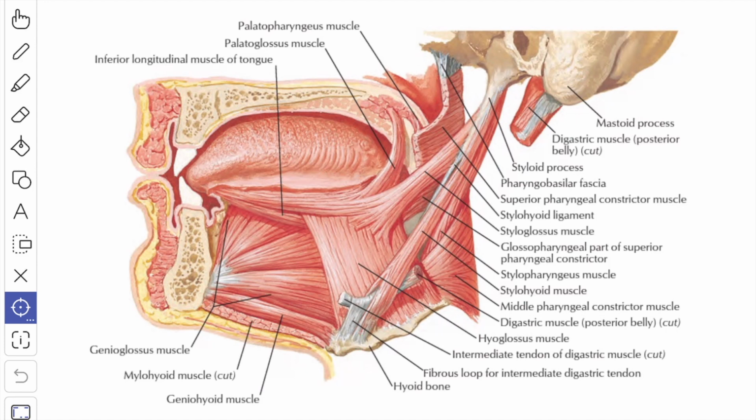The muscle passes upward and slightly forward under cover of the mylohyoid muscle, and it is inserted to the side of the tongue between the styloglossus muscle laterally and the inferior longitudinal muscle medially. Action of the hyoglossus muscle: it depresses the side of the tongue and makes the dorsal surface convex.